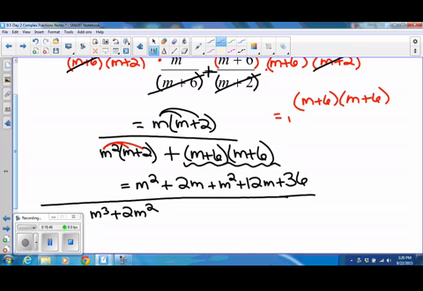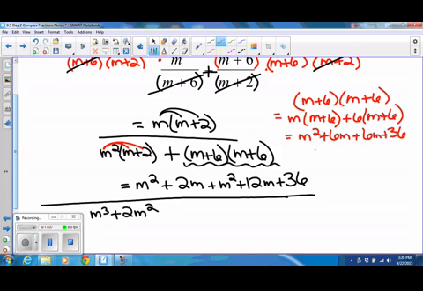So this is equal to m times m plus 6. What do we distribute next? The 6. So that's plus 6 times m plus 6. So that's m squared plus 6m plus 6m plus 36. So that's m squared plus 12m plus 36.